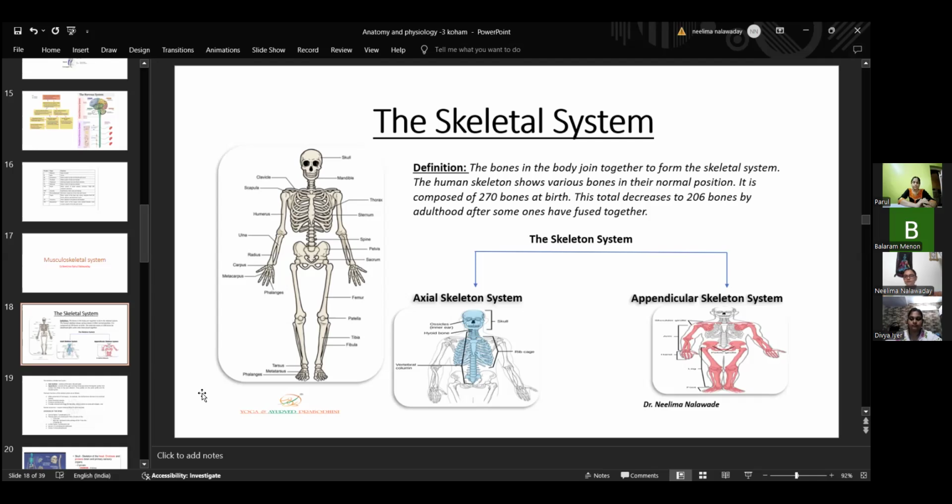The bones in the body join together to form the skeletal system, and they give our body shape. The human skeleton shows various bones in their normal position. It is composed of 270 bones at birth. This total decreases to 206 bones by adulthood.